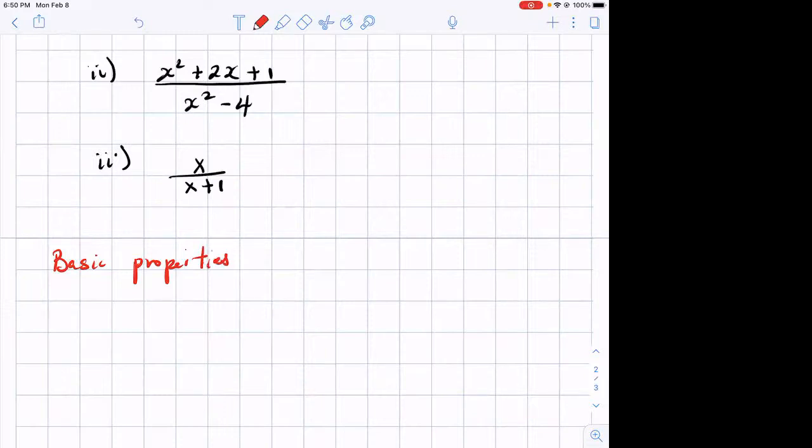Now, some basic properties will help us.